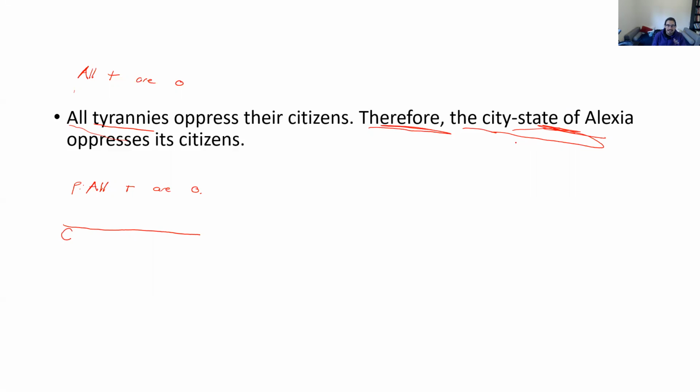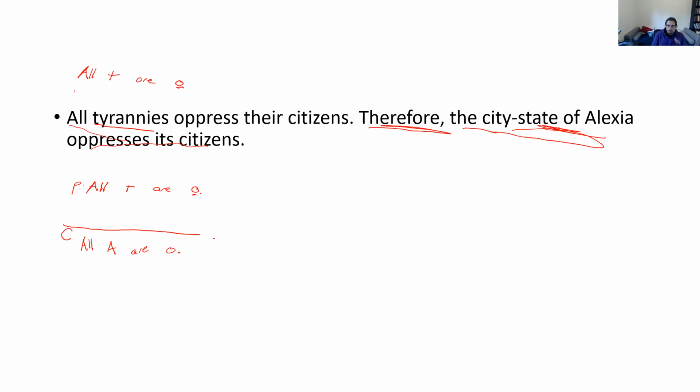So we're going to use the A statement, the universal. All city-states of Alexia, all, let's say A, for capital A for Alexia, are governments or cities that oppress its citizens. So that's the O here. All A are O. Okay.